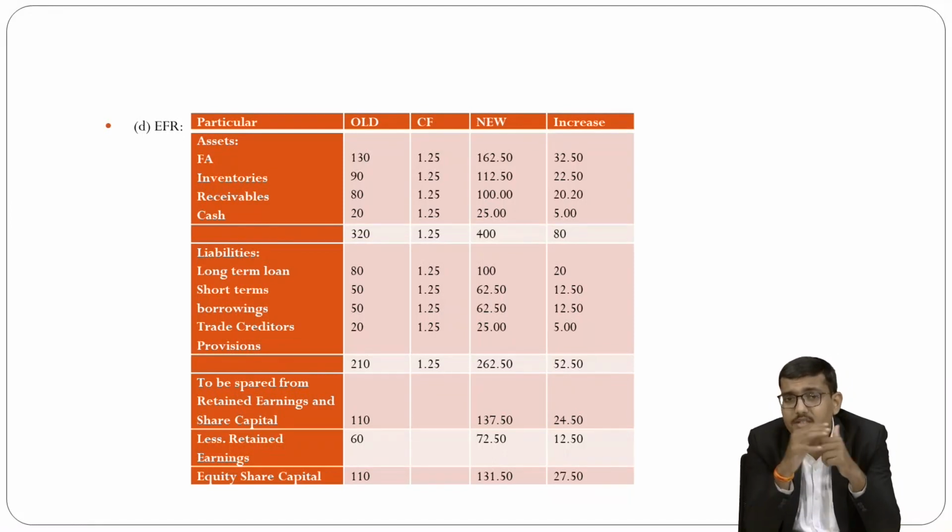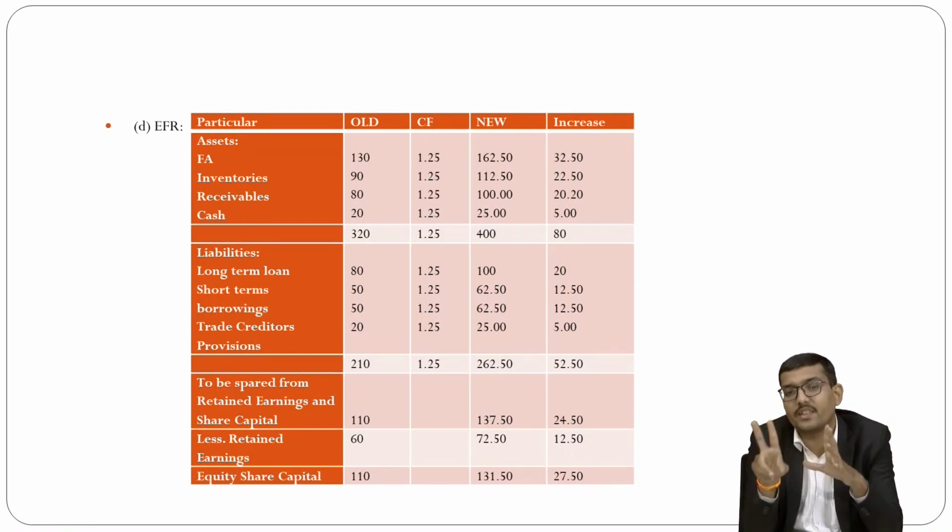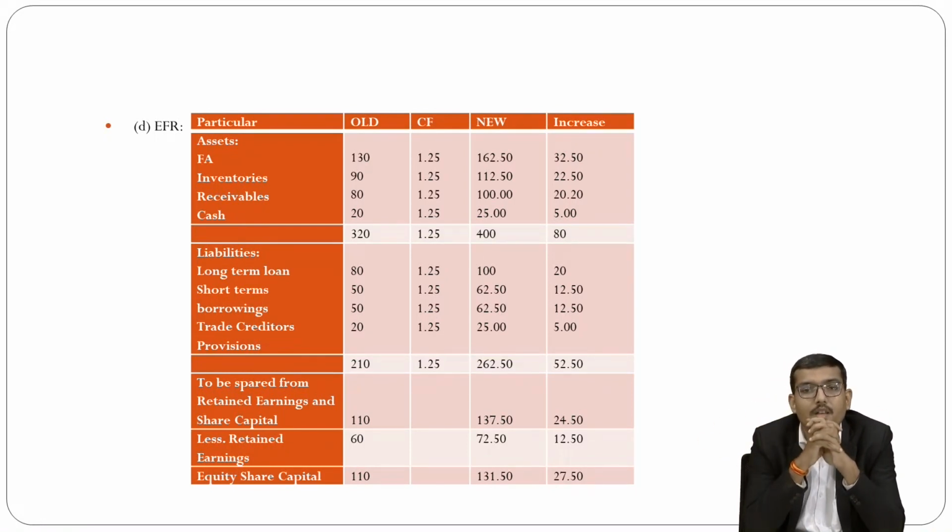Next is receivables. Receivables are rupees 80, that is 80 multiplied with 1.25, so you will get 100. The difference between 100 and 80 will be determined as an increase level, that is 20. Then next is cash, that is 20 multiplied with 1.25, that is 25.